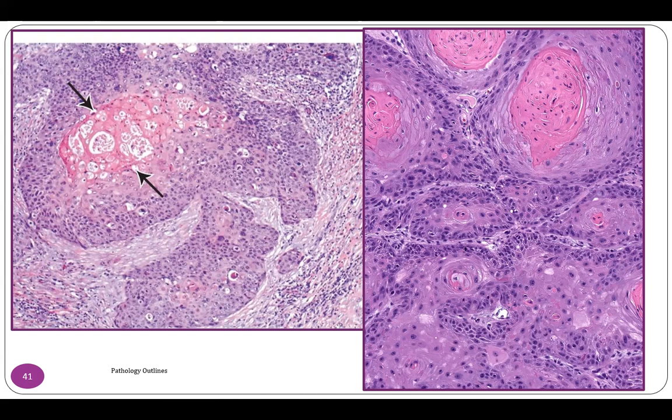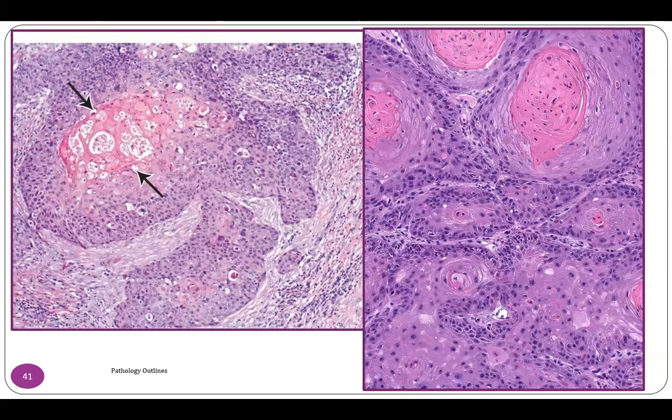If we see moderate differentiation, we see keratinization in some foci. If we don't see keratinization, with only some isolated cell keratinization, then it's grade 3 carcinoma. Solid, always solid with very minimal keratinization.